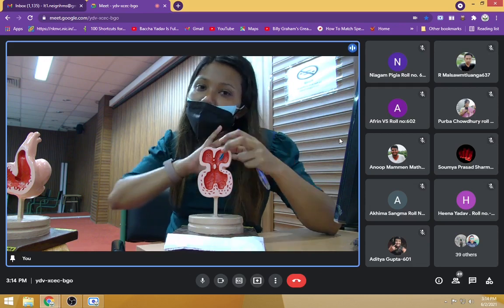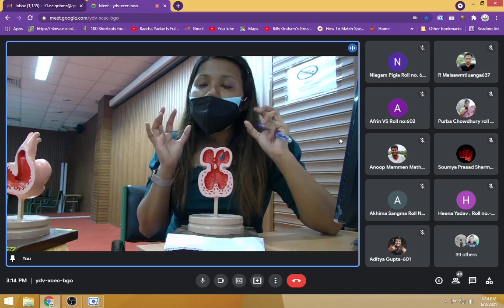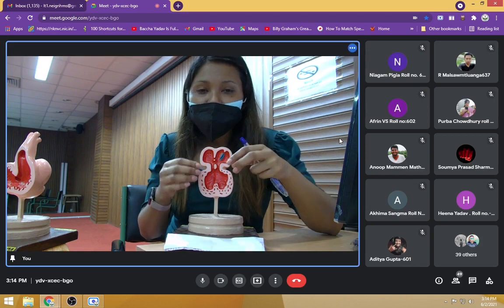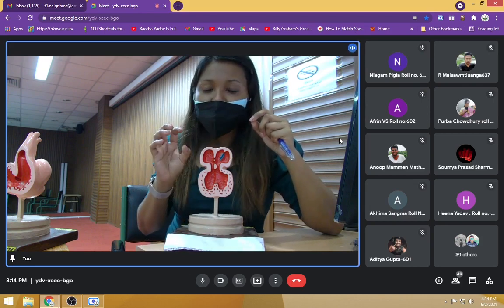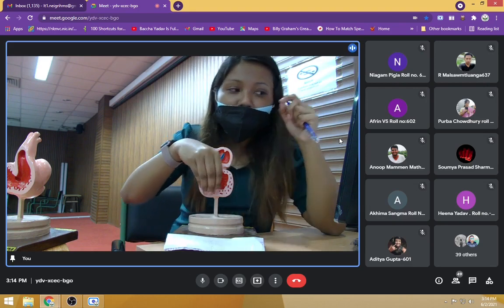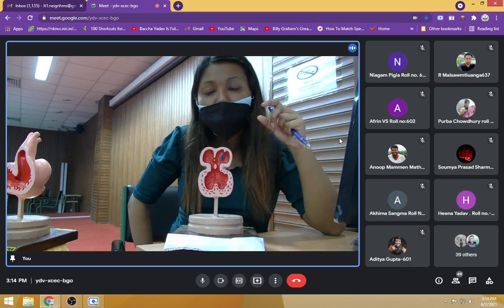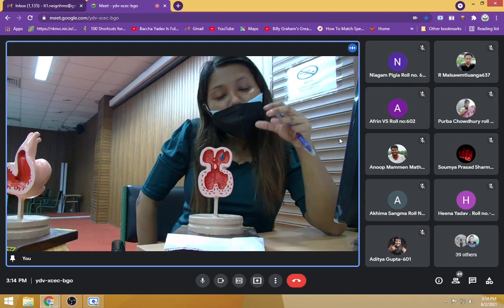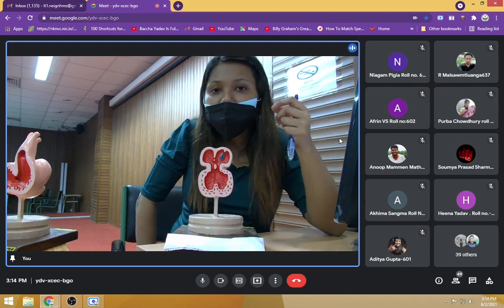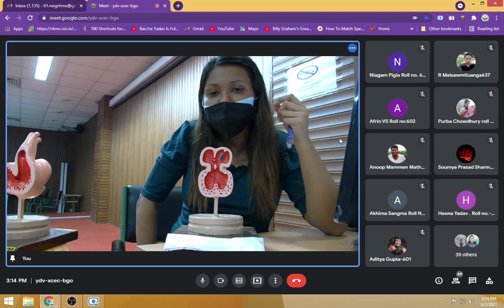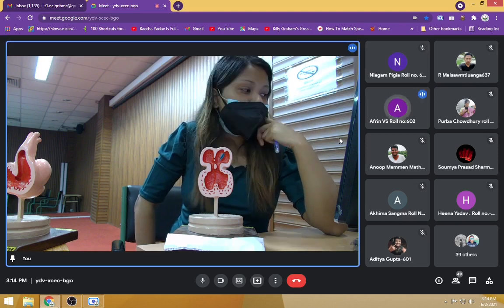This is totally opposite. But in overriding of aorta, normally the aorta opens into the left ventricle, but in overriding it will come in the middle. It will not open into the right ventricle, but it will be coming into the middle. Are you getting it? Yes, ma'am.